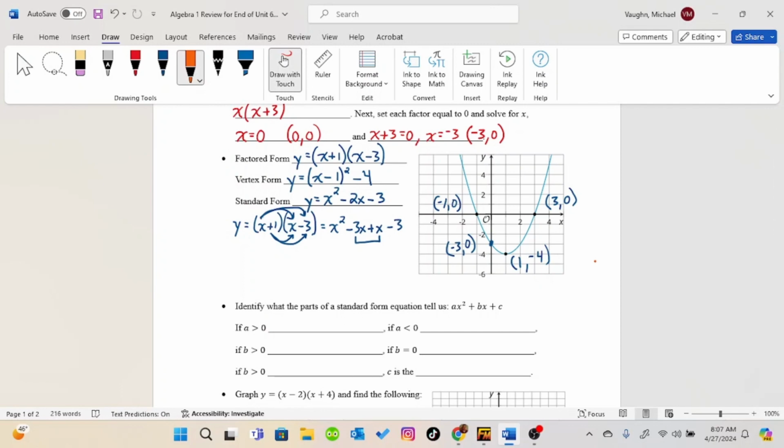Identify what the parts of a standard form equation tell us. The standard form equation is in the format ax squared plus bx plus c. If a is greater than 0, meaning a is positive, this tells us the graph opens upward.